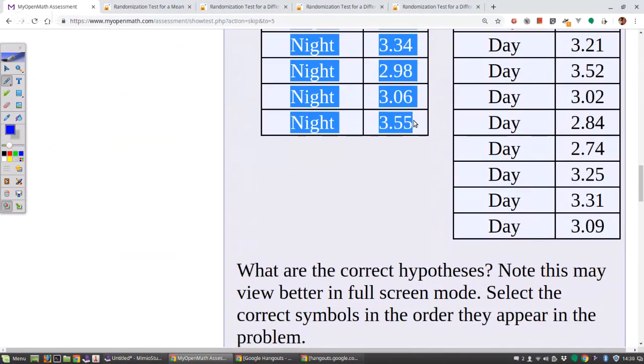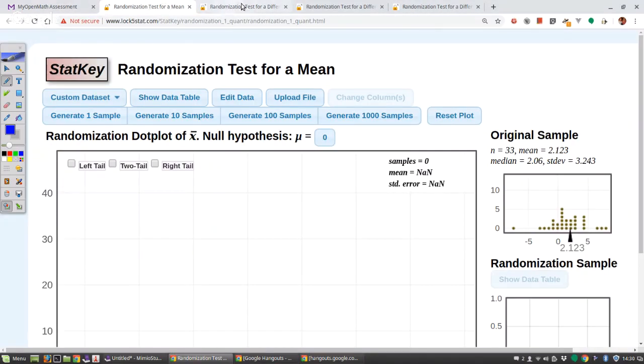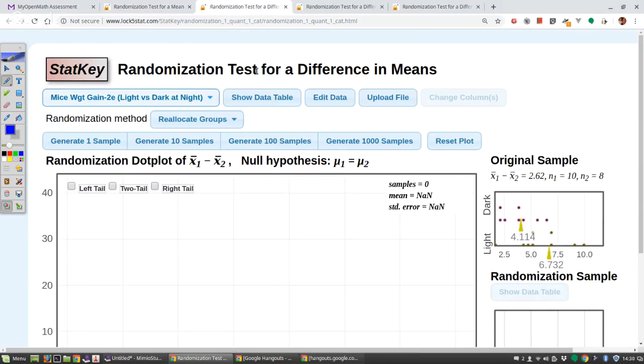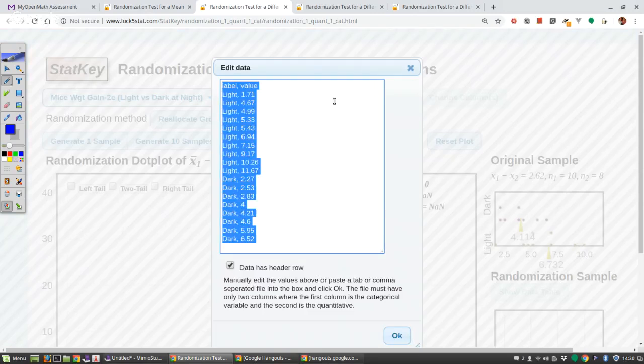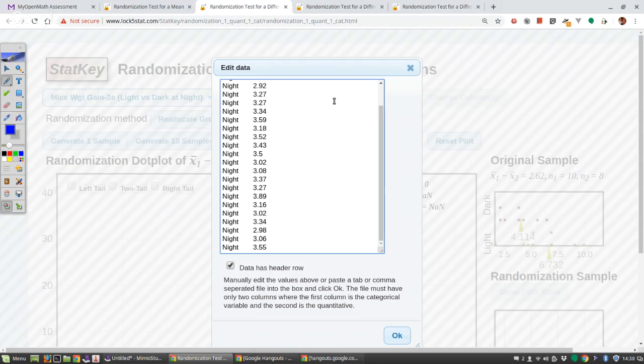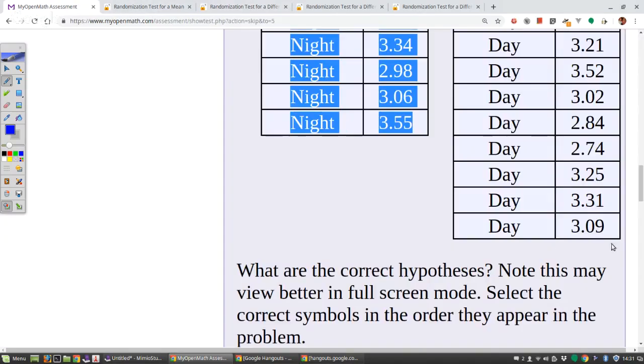In some browsers this doesn't work so well. I found that Edge can be a problem. And this is a test for a difference in means because they are independent. I can just edit the data, get rid of whatever data is in StatKey, paste in a line, hit enter for a new line, and then go grab the other group of numbers.